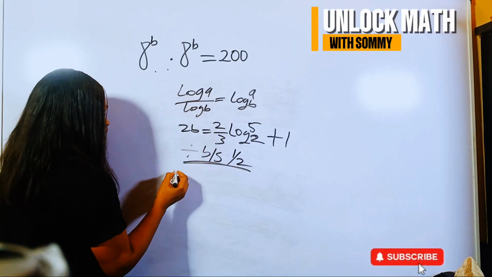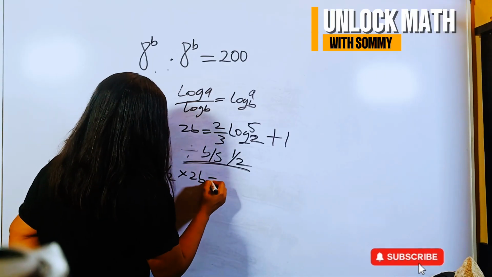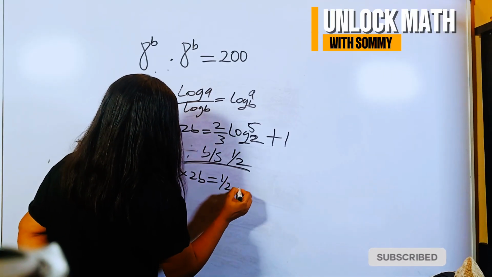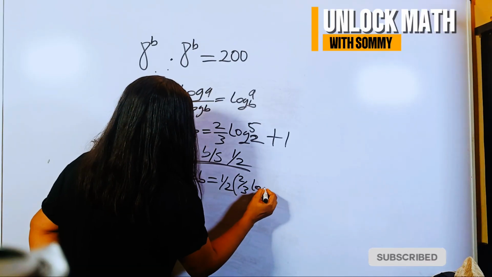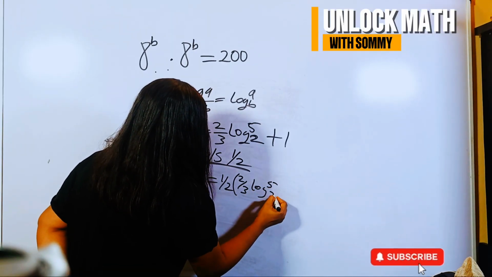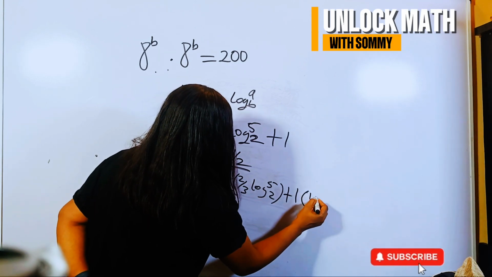And when we do that, we can have 1 over 2 multiplies 2b, which equals 1 over 2 multiplies 2 over 3 log 5 base 2 plus 1 multiplies 1 over 2.